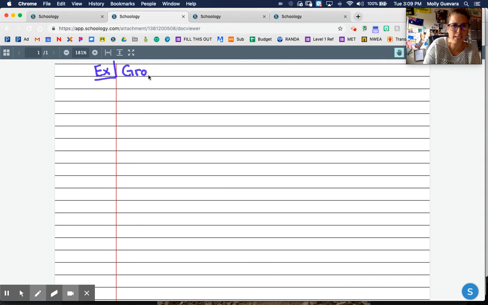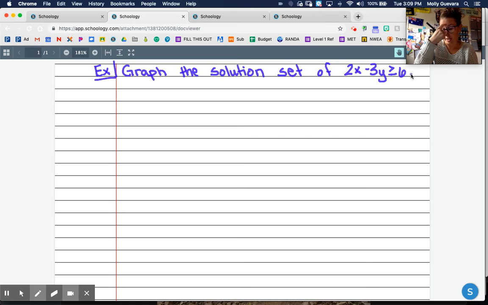So our second example says graph the solution set. So that's just the shaded area, okay, of 2x minus 3y is greater than or equal to 6. Okay, so I just want to graph this inequality.